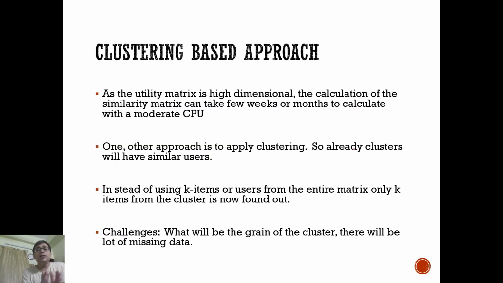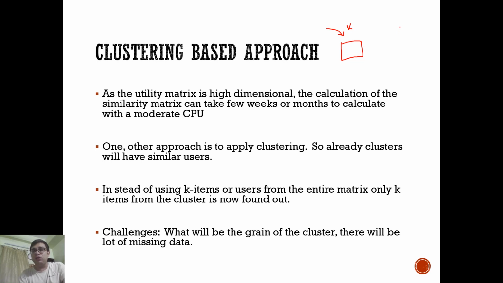All right. So there is also something called a clustering based approach. As we discussed, this has a very high time and space complexity, and generally you have this rating matrix or preference or utility matrix. In the ordinary method, you go to this entire rating matrix and find the top k similar users, taking user based CF as the example.